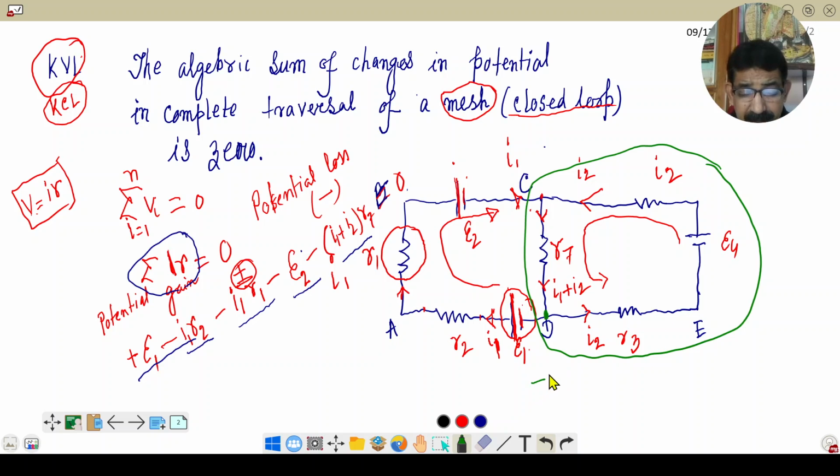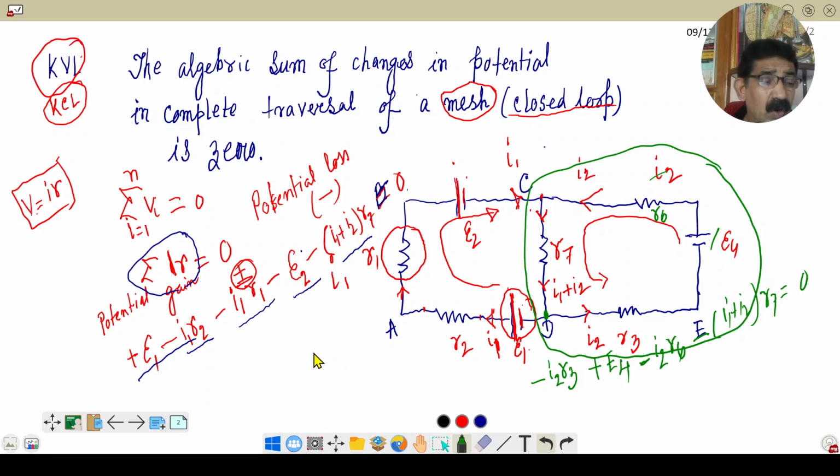That means minus I2 R3, plus E4, minus I2 R6, and minus (I1 plus I2) into R7 is equal to 0. So this is the explanation of KVL.